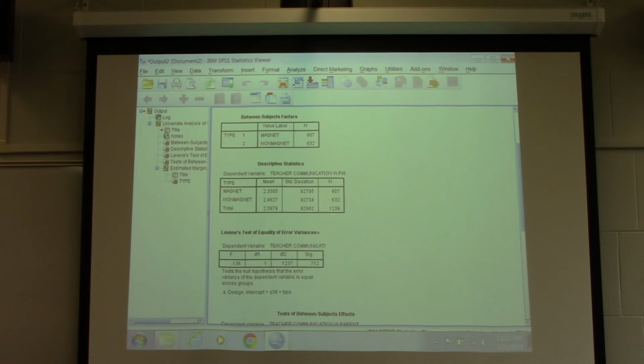I did have a logic though. Higher income parents, we know, choose magnet schools, so they differ between the two groups. Your average parent has a higher income level in magnet schools. I just thought it would affect teacher communication with parents, and it didn't much. And the reason I would think that is, if you have a car, you're more likely to be able to get to school to communicate more frequently.